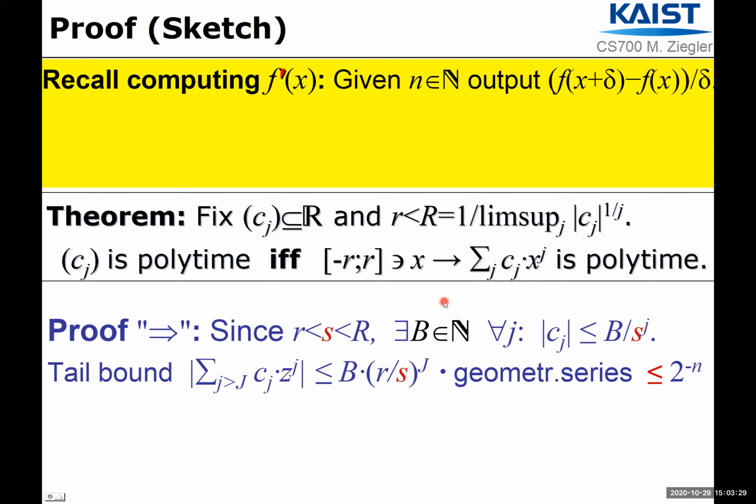So generally speaking, the j-th coefficient, Cj, is equal to the j-th iterated derivative of that function at 0 divided by j factorial. So our goal, in order to prove polynomial time computability of the coefficient sequence, is to prove polynomial time computability of the iterated derivatives at 0.